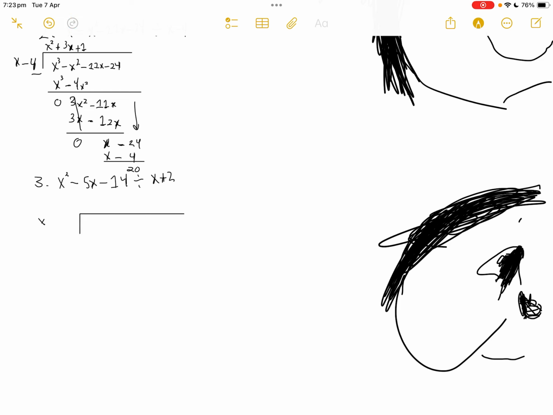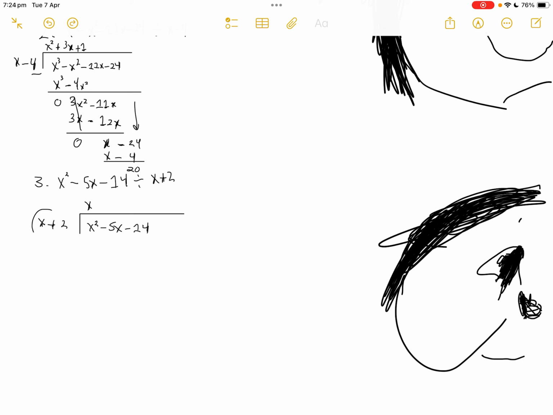That's better. And now we're gonna do the same long division process again. So x plus 2. Since we have an x squared, we're gonna multiply this guy by x.